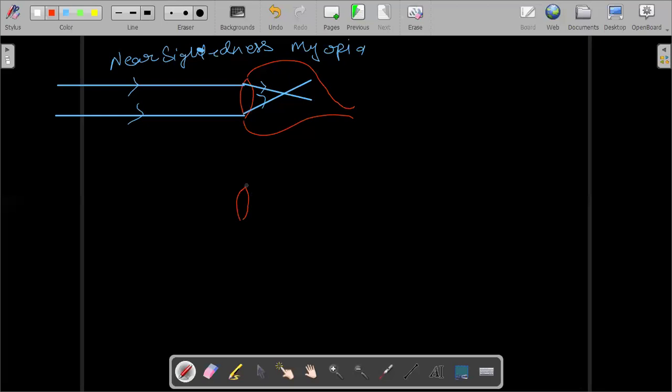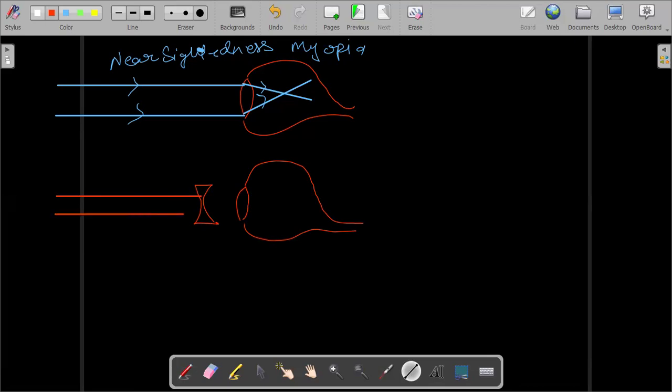If I want to correct it, we use here a concave lens that will act as a diverging lens. Here we have two rays of light which are coming parallel. These rays of light get diverged by it like this, a little bit diverged, and then after divergence, they can meet on the retina.